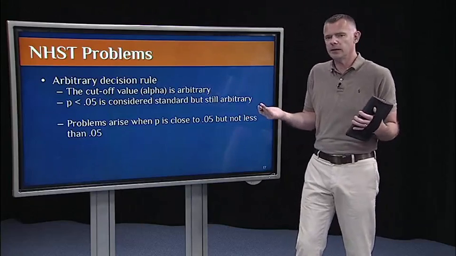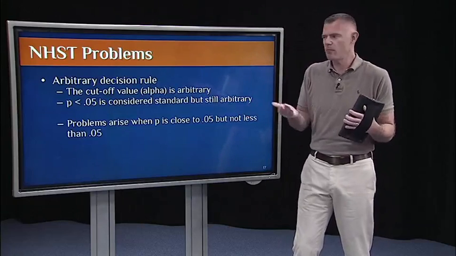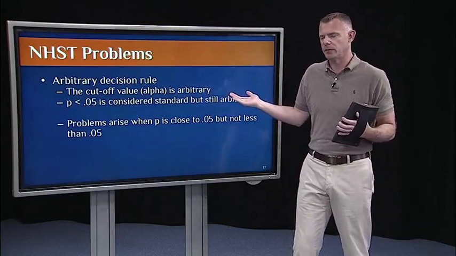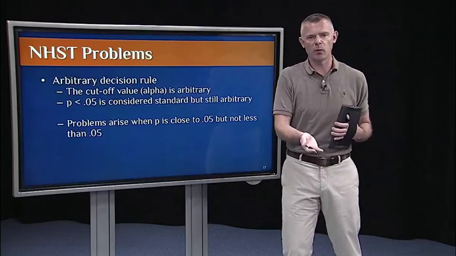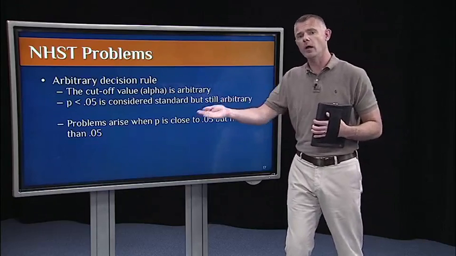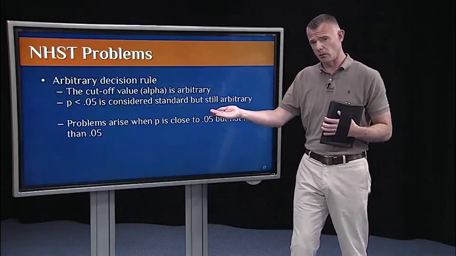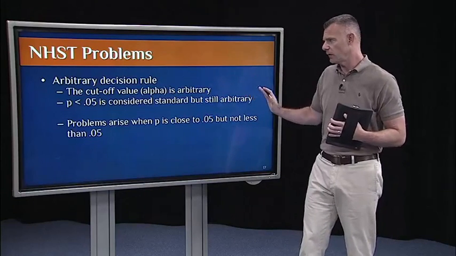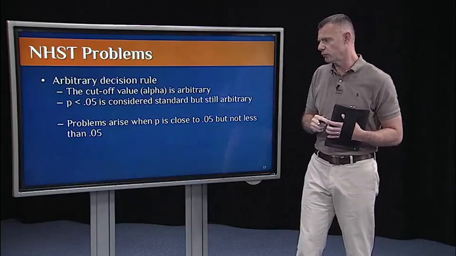But that's completely arbitrary. We just somehow landed on p less than 0.05 as a field. We could change that to 0.01 if we wanted to be more conservative. We could change it to 0.1 if we wanted to be more liberal. The point is that it's completely arbitrary. So that's what I mean by arbitrary decision rule.